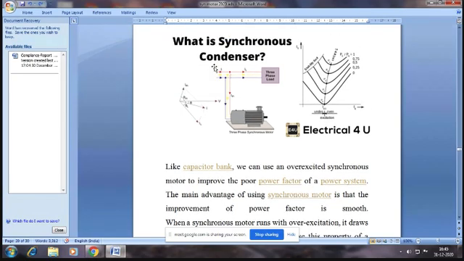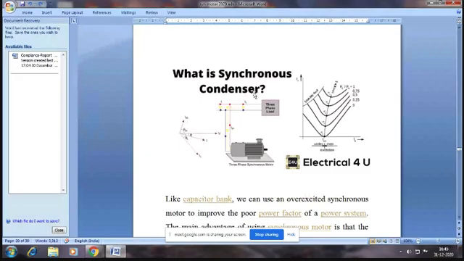Now, synchronous condenser. Have you heard of this word condenser anytime earlier? Sir, you told it is capacitor. Yes, that's correct. Condenser is a very popular word in the automobile industry.